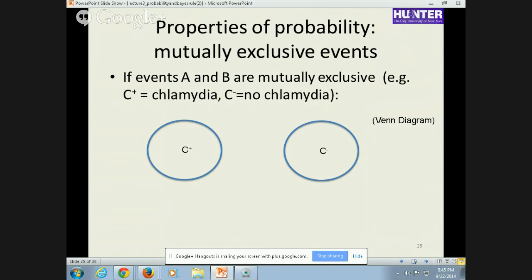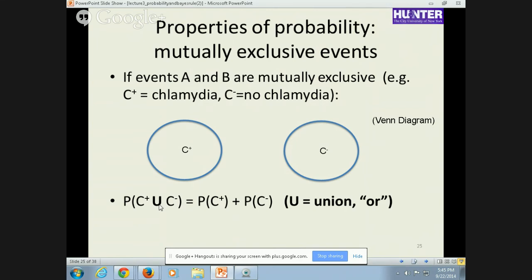So we can have mutually exclusive events. So chlamydia, that's a mutually exclusive event. You either have it or you do not. The Yankees winning or losing on a given night, those are exclusive events. And we have some rules about those. For exclusive events, the probability of the union, in this case C plus C complement, is just the sum of them.